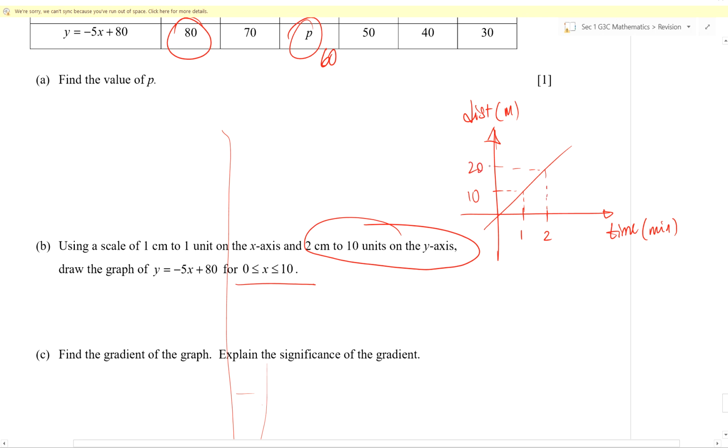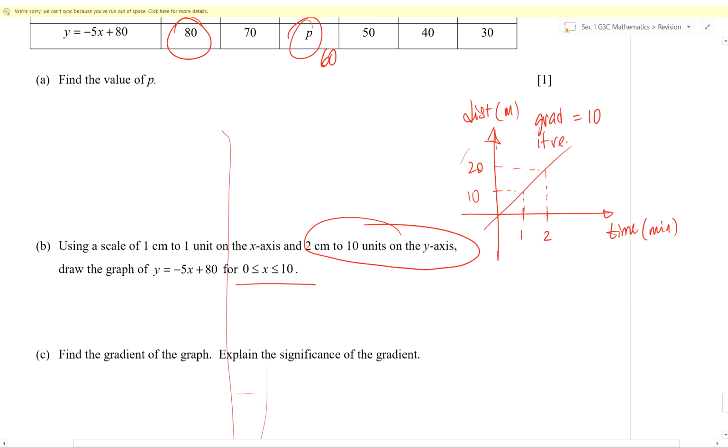Okay, so if I have a distance time graph like this, distance in meters, the time in minutes, every 1 minute, my distance increases by 10 meters. Another 1 minute, the distance increases by another 10 meters. So this over here, gradient equals 20 minus 10 is 10, divided by 1. 10 meters. Okay, the value is 10.